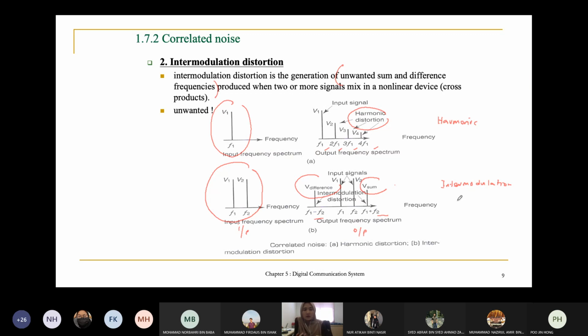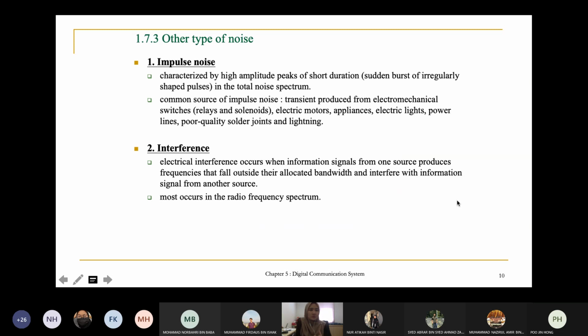Other than correlated noise and uncorrelated noise, we also have other types of noises, such as impulse noise and interference noise. So what is impulse noise? It is high amplitude peaks of short duration in the total noise spectrum.